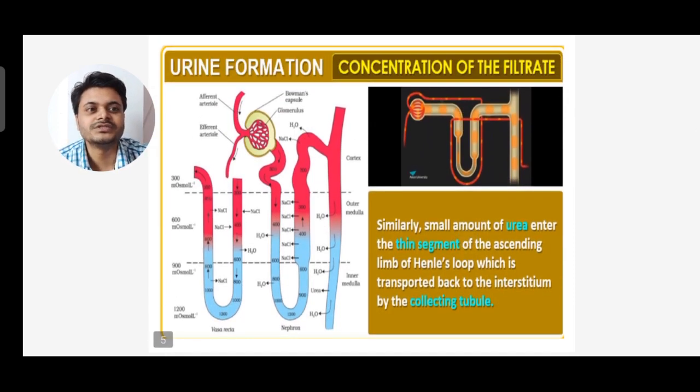Similarly, a small amount of urea enters the thin segment of the ascending limb of Henle's loop, which is transported back to the interstitium by the collecting tubule.